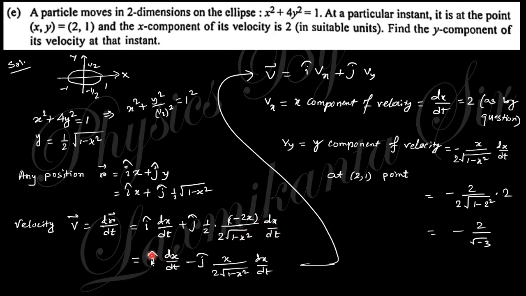So this is the x component of velocity, this is the y component of velocity. The x component of velocity is 2, so this dx dt is 2, and the y component of velocity is like that. If you put this value at this point, x equals 2 and dx dt already obtained as 2, you will obtain this one. So that's why you get this complex number. Okay, so there is an anomaly in this question, that's why we get this complex number.